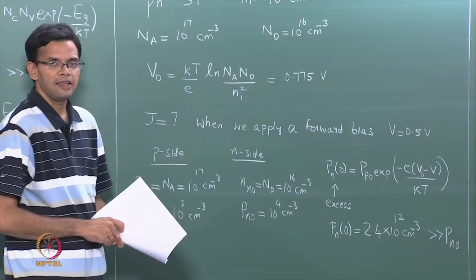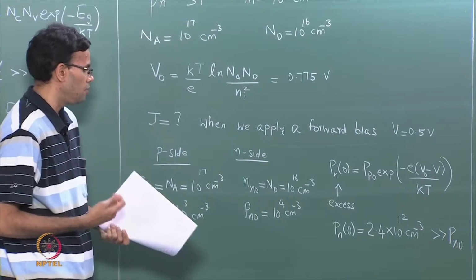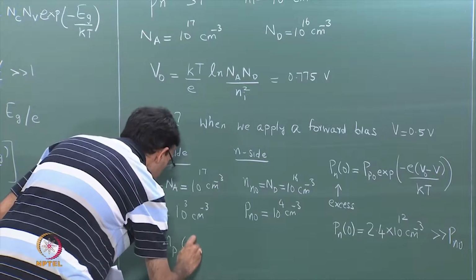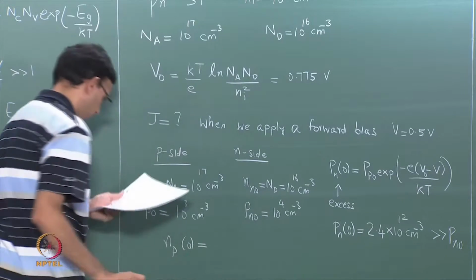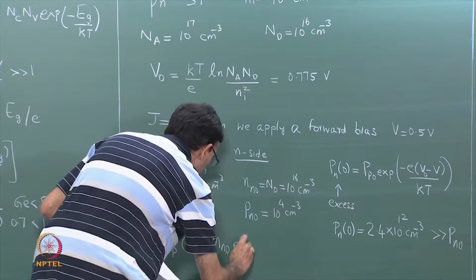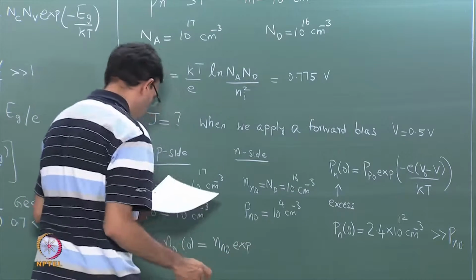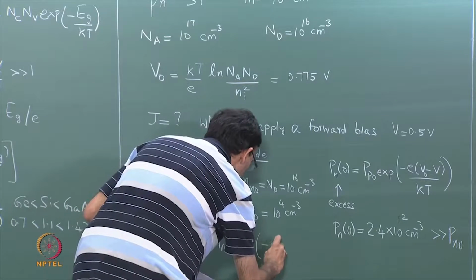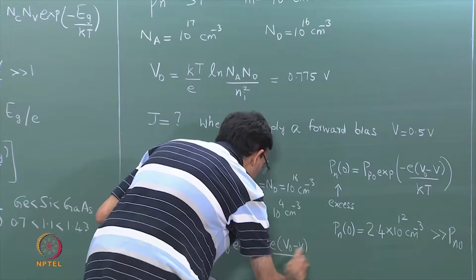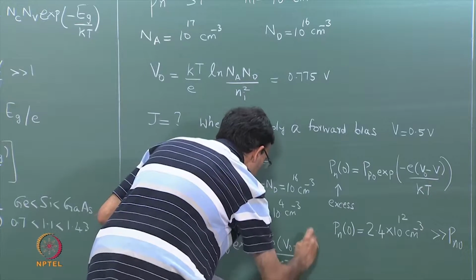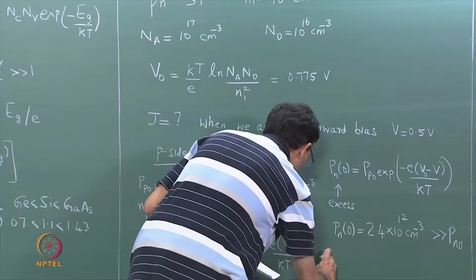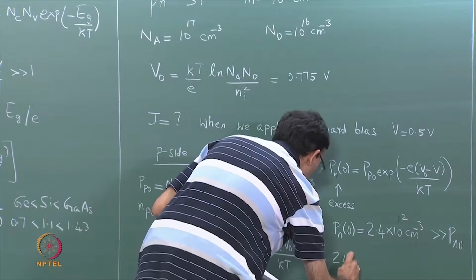Similarly, we can calculate the excess electrons on the p side. This is equal to 2.4 times 10 to the 12.